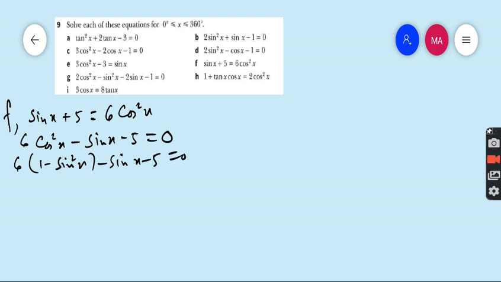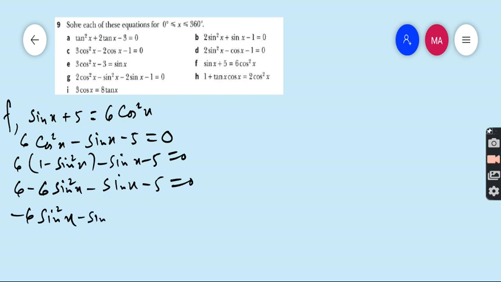Minus sin x minus 5 is equal to 0. 6 ones are 6. 6 into sin square x is 6 sin square x minus sin x minus 5 is equal to 0.